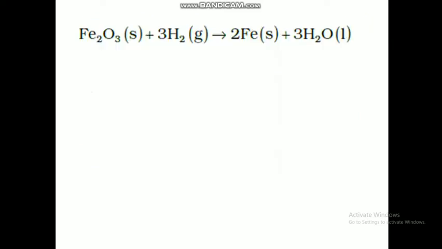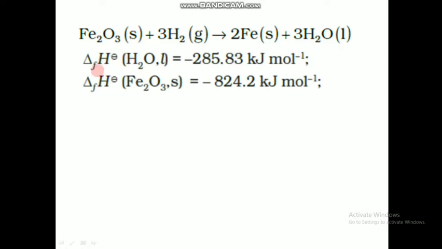So we will see the enthalpy of reaction and enthalpy of formation of this particular reaction. Here the delta H formation of H2O liquid is minus 285.85, and that of Fe2O3 is minus 824.2. Both of them are exothermic.